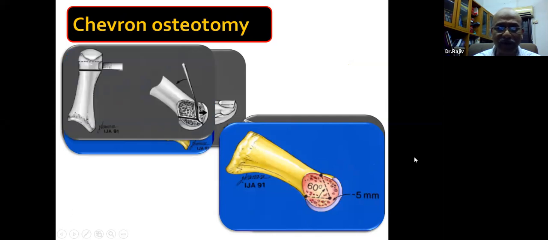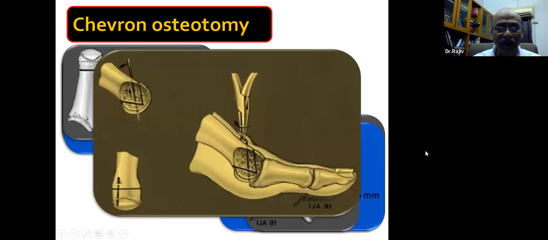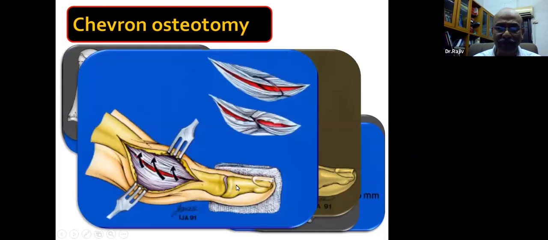Once you do this osteotomy, you displace the head fragment laterally and the shaft fragment medially and fix it with 1 or 2 screws. Then you plicate your medial capsule.